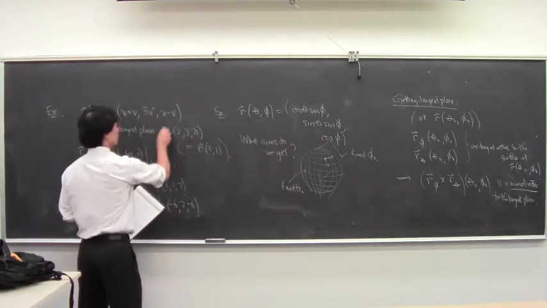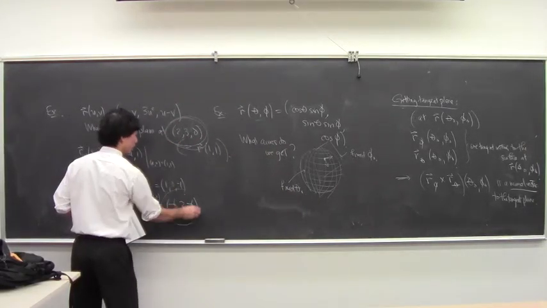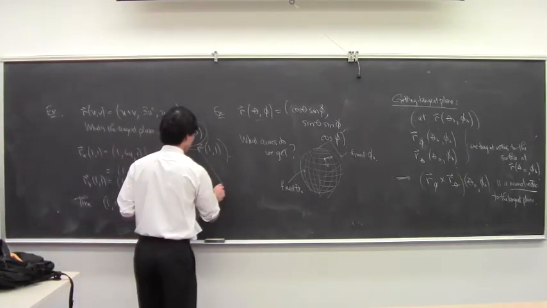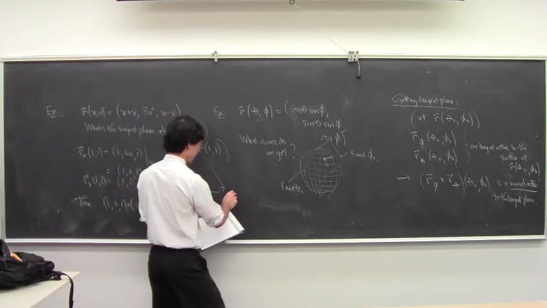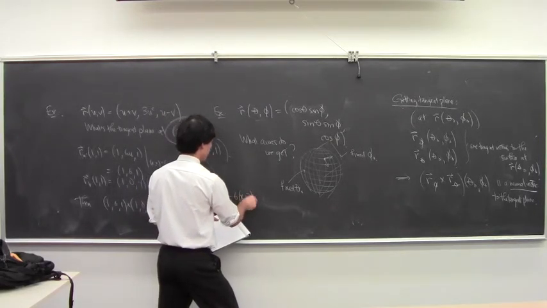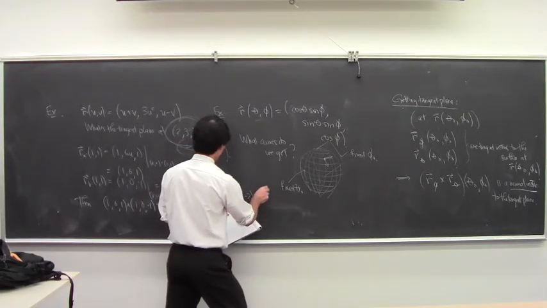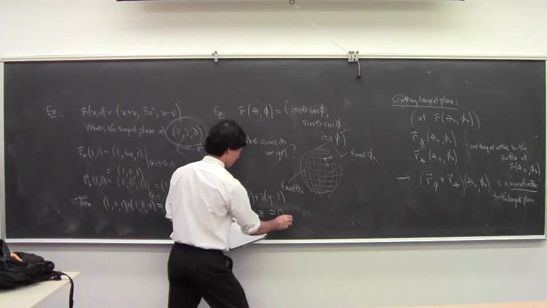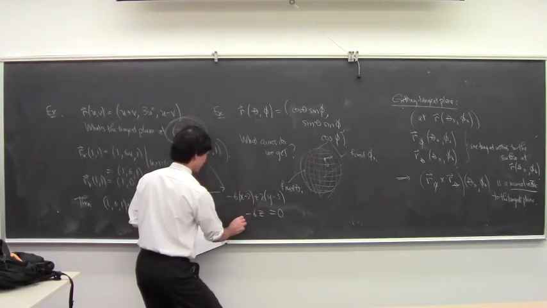And then you use the point. You have the point and you have the normal vector, and those two things together give you negative 6 times x minus 2, plus 2 times y minus 3, minus 6 times z minus 0, equals 0, which is the tangent plane.